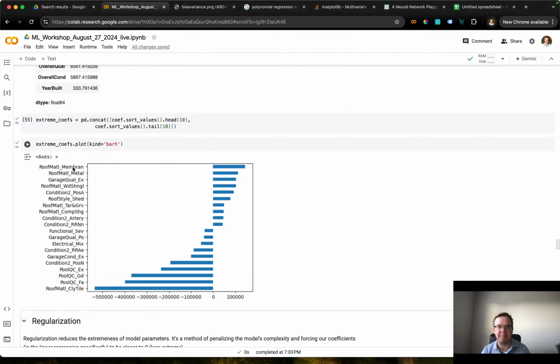If the roof material is made of membrane versus metal, that really increases the value of a home, like an unreasonable amount. Right? These coefficients are unreasonable, and they're throwing off our predictions. They're overfitting. Notice that these are mostly weird categorical columns. They're probably somewhat rare categories that got really taken for a ride by our model's fit.